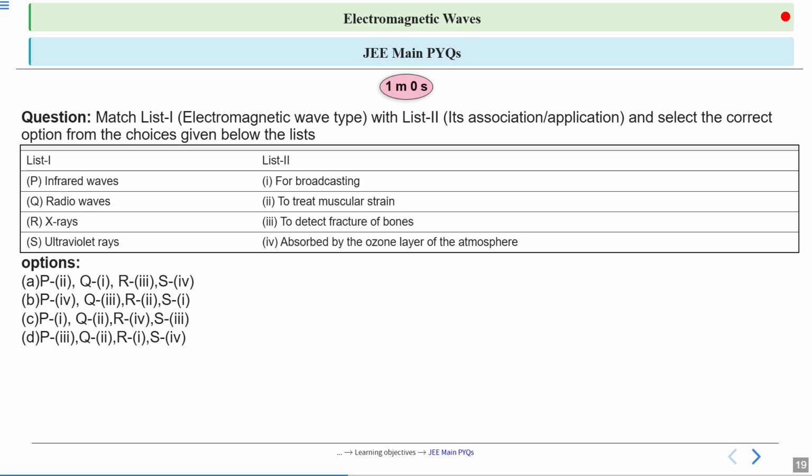List 2 contains: for broadcasting, to treat muscular strain, to detect fracture of bones, absorbed by the ozone layer of the atmosphere. So which electromagnetic wave is associated with which application? Options are given A, B, C, D, connecting list 1 with list 2. You have to detect which option is correct. I will give you some time to think about it.